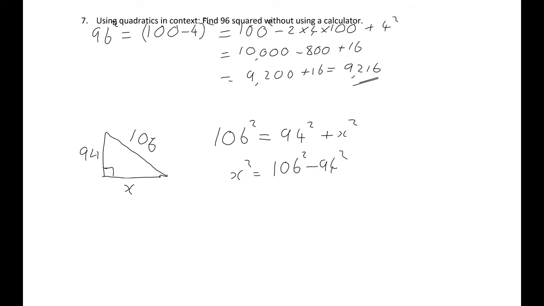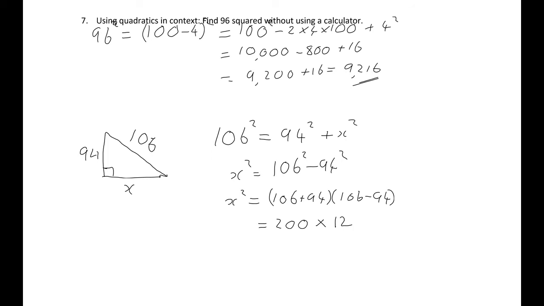Oh look, we have a difference of two squares. So x squared equals 106 plus 94 times 106 minus 94. Okay, that equals 200 times by 12.